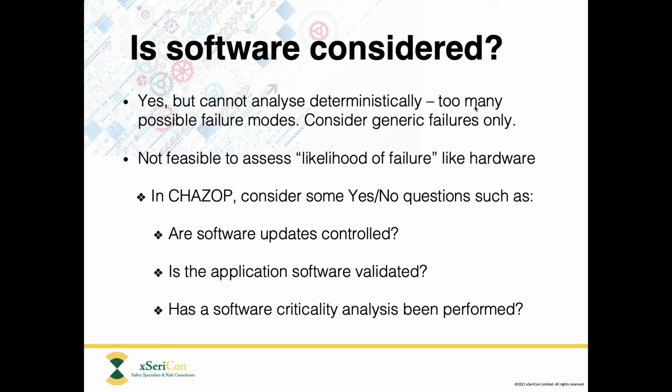Now, what about safeguards? What kind of safeguards should we apply in the CHAZOP study? So we can start off by applying the same safeguards that were applied in the HAZOP study for the reasonable worst case. But we need to make sure that those safeguards will still be available when the failure cause that we're studying has actually occurred.